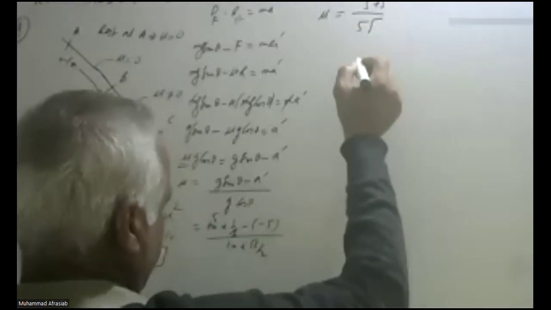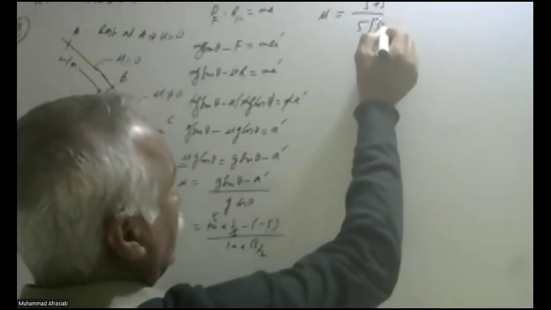So mu is equal to 5 plus 5 over 5 root 3 over 2.